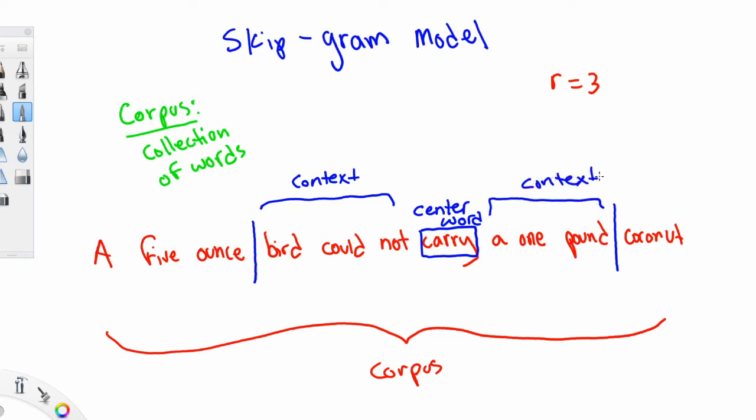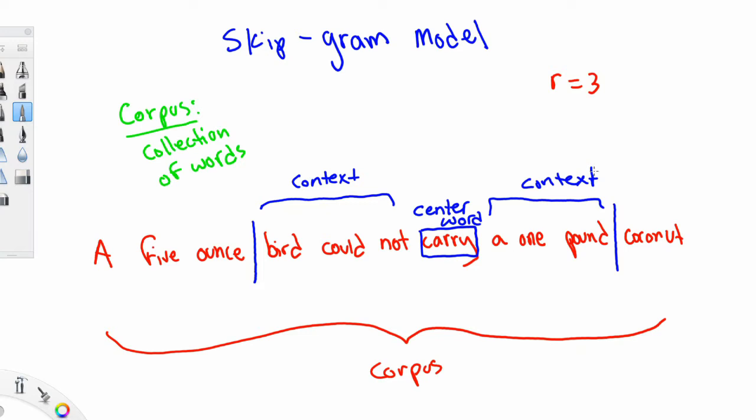And the goal of the skipgram model, given this section of our corpus, is to predict the probability of each word occurring given the center word. So if we call the index of our center word T in our corpus, then we need to define a probability distribution for each word occurring at each index, T plus 1, T plus 2, T plus 3, etc.